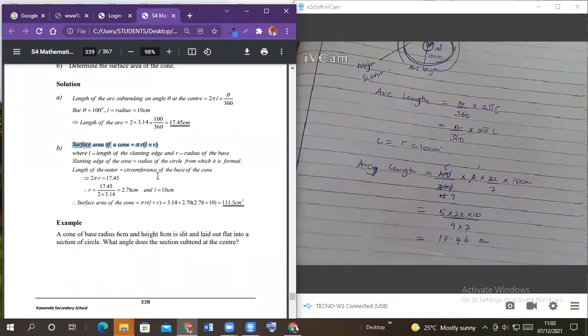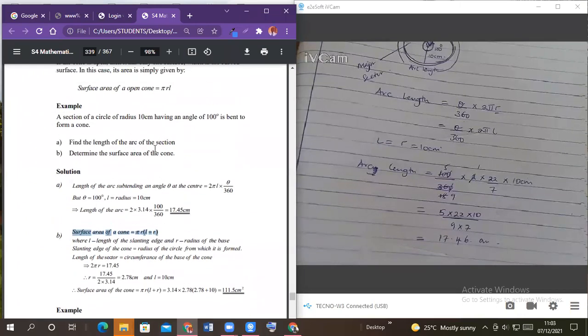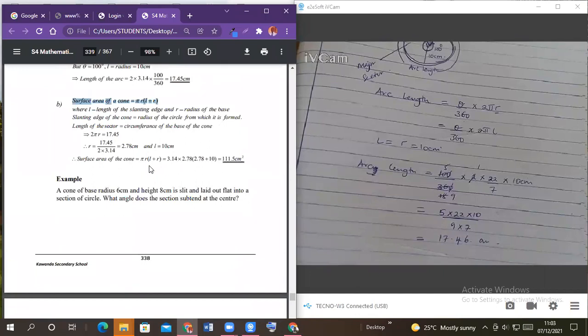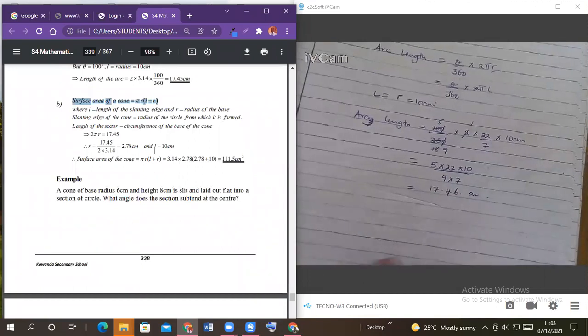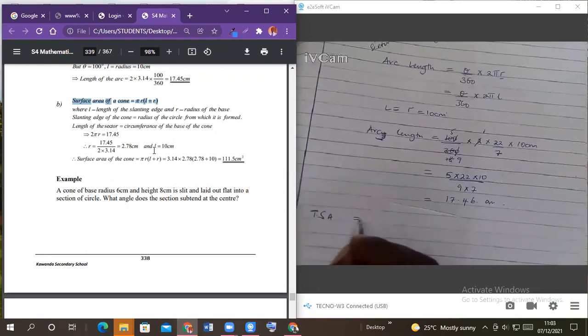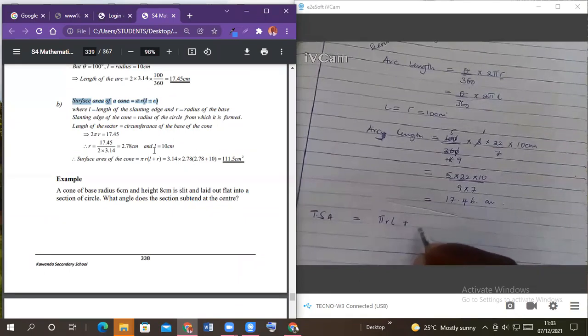So in this case, because the question is not guiding us very well, telling us whether the cone is covered or not covered, if the cone is not covered, then the surface area would be given as the area of the curved surface, which is pi r L, plus the area of the base, which is pi r squared.